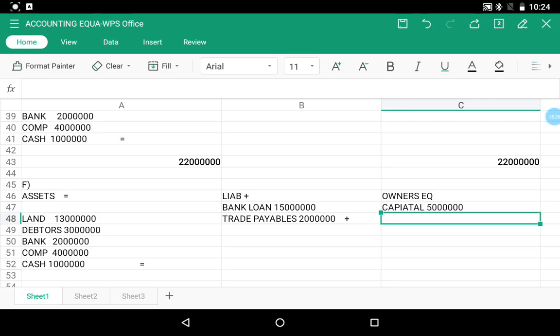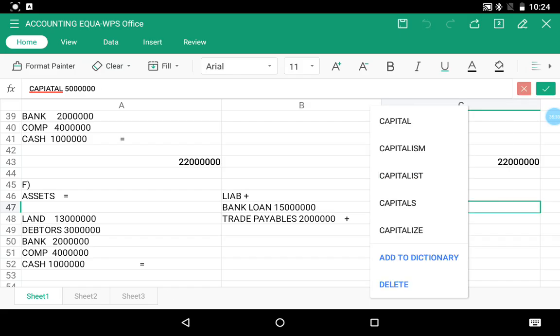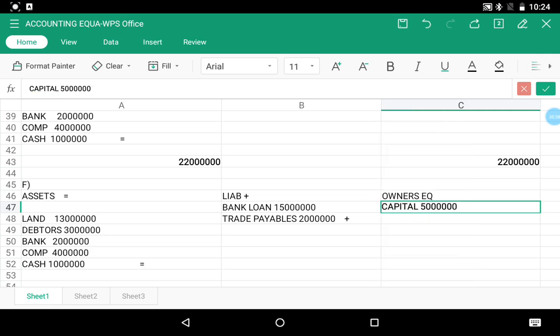Then we have said he sold goods to debtors worth 3 million.